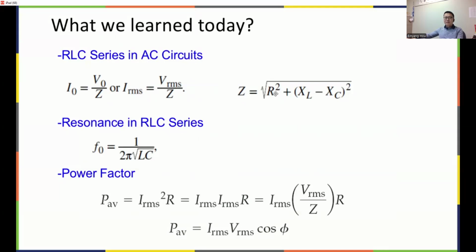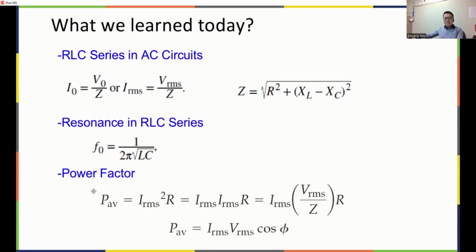The impedance is the square root of R squared plus the reactance from the inductor minus the reactance from the capacitor, squared. When we have the resonant frequency, where XL and XC cancel out, your current will be enhanced. That's what happens when you tune to a radio signal: that signal is enhanced, and other signals will be suppressed.